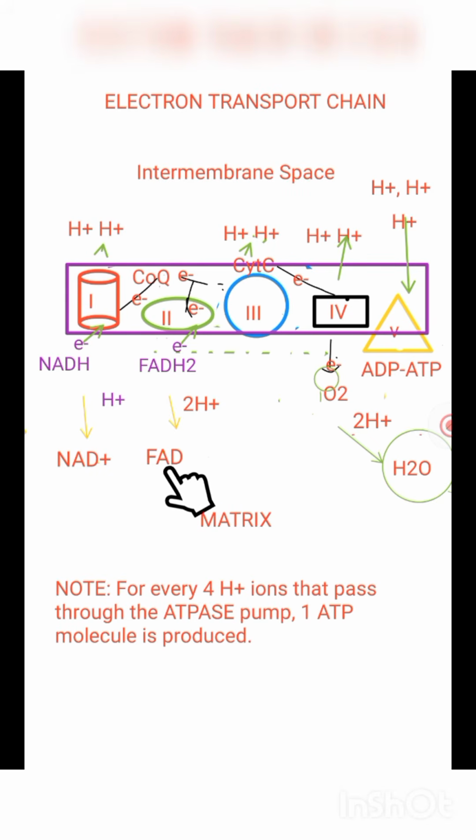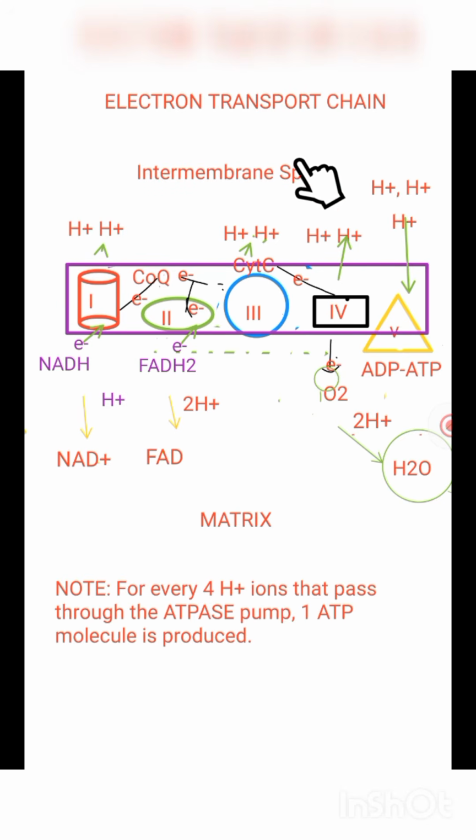Now, there's something very interesting that you need to know. In the intermembrane space, where we are pumping these protons, you notice that there is an accumulation of protons here. And what do you expect? There will be a concentration gradient.